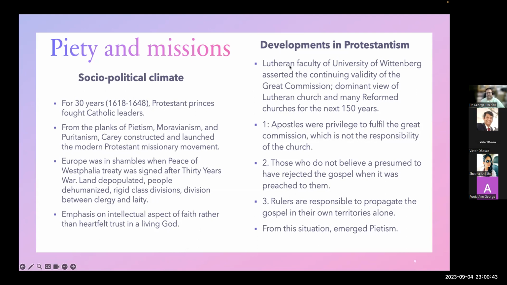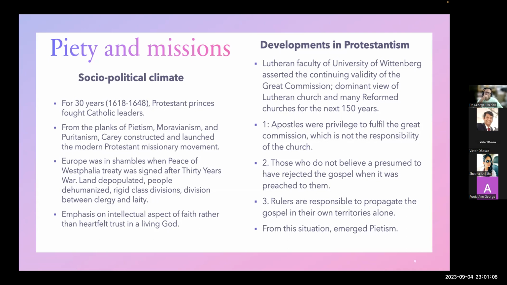The Lutheran faculty of the university believed, yes, in the validity of the Great Commission, but what was the dominant view held by many of the Reformed churches for the next 150 years? These were the three tenets of the main beliefs.